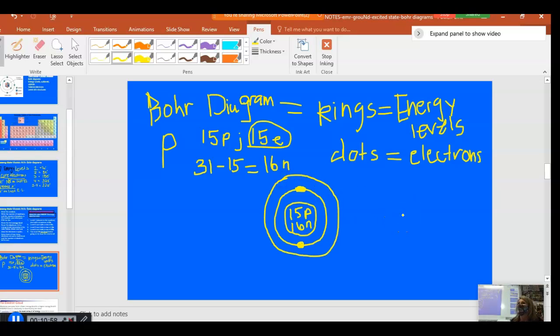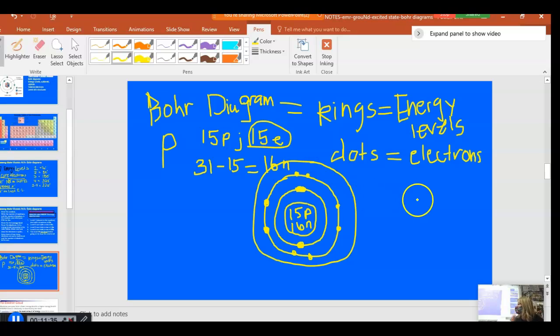And how many can fit on energy level 2? 8. So I'm going to put 8 dots: 1, 2, 3, 4, 5, 6, 7, and 8. Right this second on my Bohr diagram, we have a total of how many electrons? I got 10, but I need 15, so I have to add one more ring.